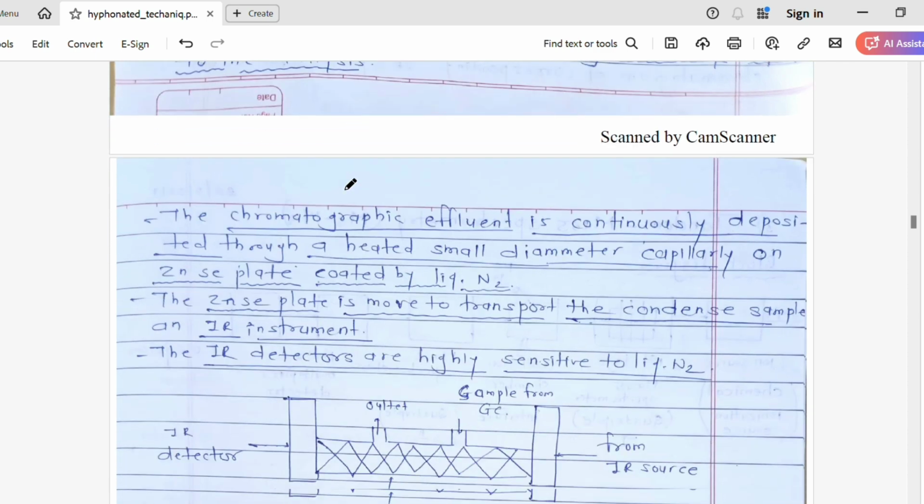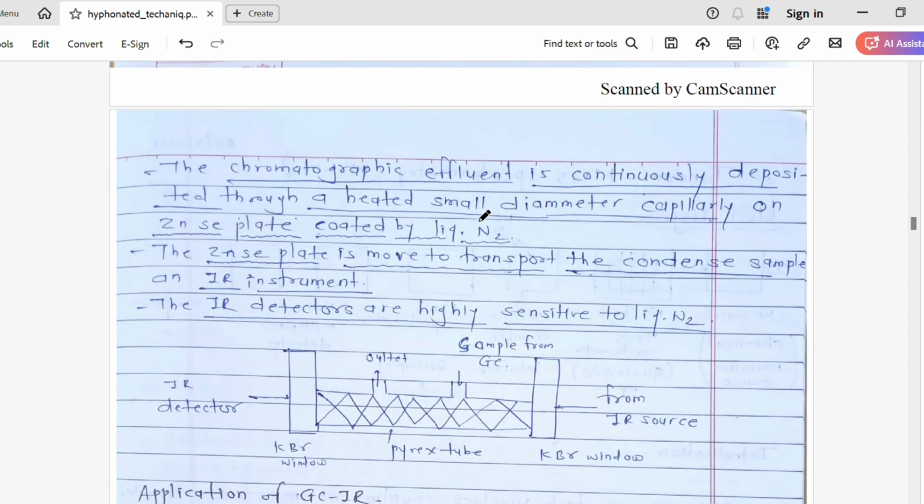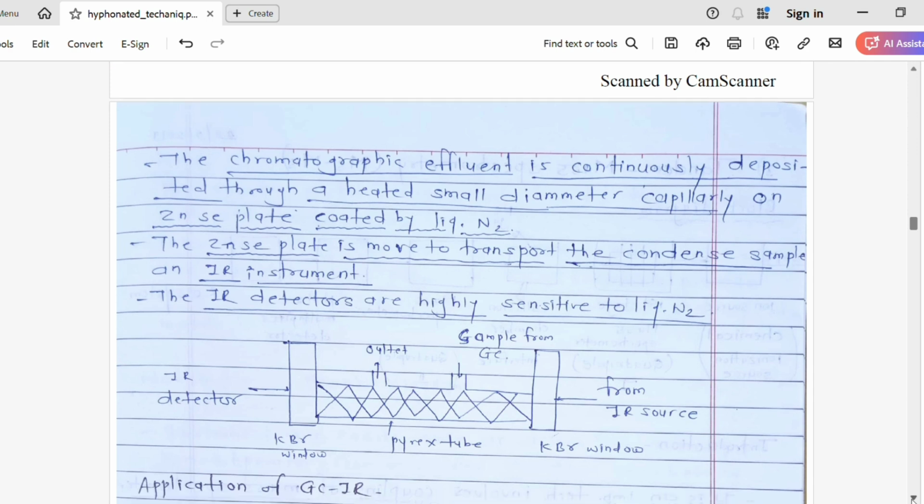Cold trap, this is the second interface in GCIR. The interface is based on the trapping of the analyte prior to the analysis. The gas chromatographic effluent is continuously deposited through a heated small diameter capillary on a zinc plate coated with liquid nitrogen. The zinc plate is moved to transport the condensed sample.